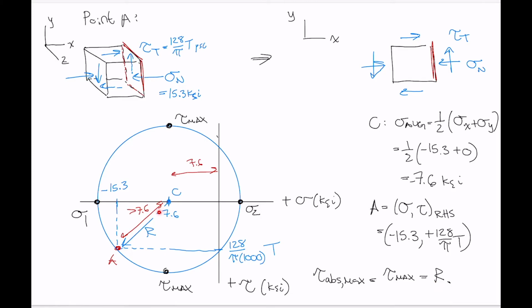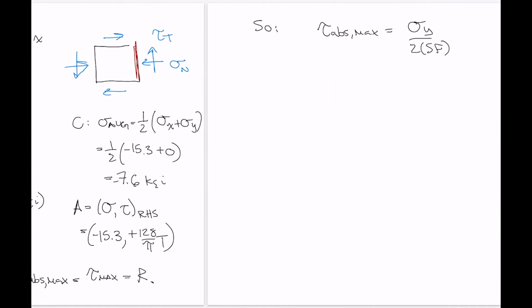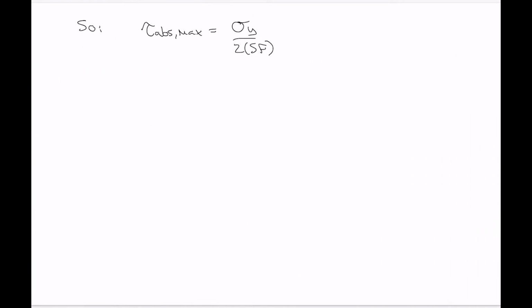The radius of the circle is easy to find. We're looking at the square root of 7.6 squared plus 128 over pi times 1000 t, squared.